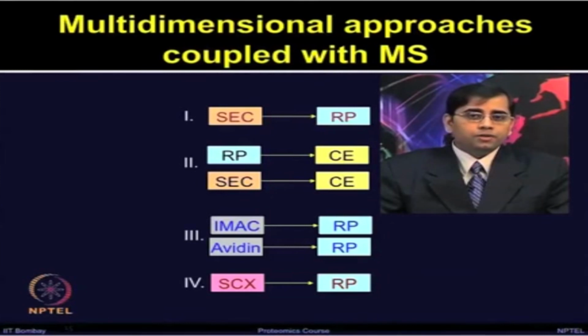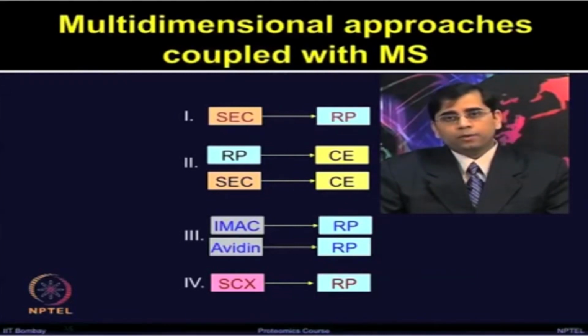Other approaches include reverse phase chromatography followed by capillary electrophoresis, or size exclusion chromatography followed by capillary electrophoresis. Due to the limited loading capacity and low loading volume of capillary electrophoresis, again it is not very popular.